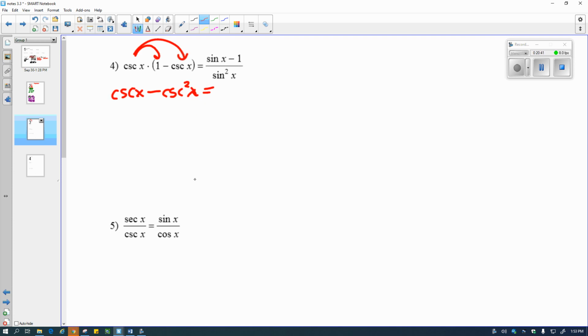Now I see another spot where I can break apart a fraction. So I'm going to write this as sine x over sine squared x minus 1 over sine squared x. Now, one of the things that I suggested is that you rewrite your original problem in terms of sine or cosine. Remember, that's not the rule. It's a suggestion.